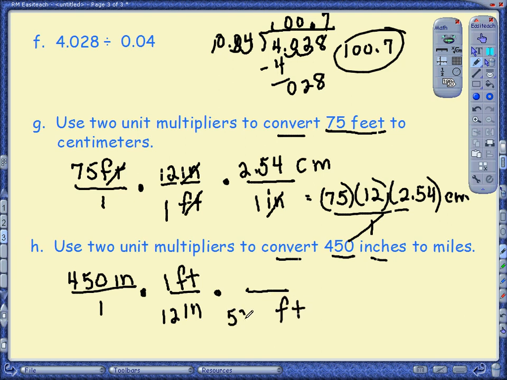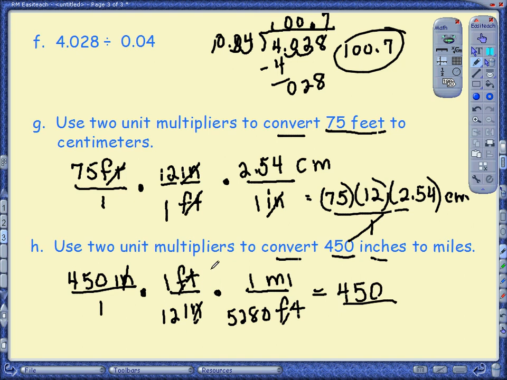And we remember that 5,280 feet equals 1 mile. Now we can cancel out our inches, we can cancel out our feet, and we have our answer. And remember, we do not have to multiply these out.